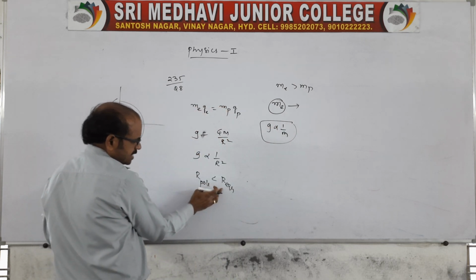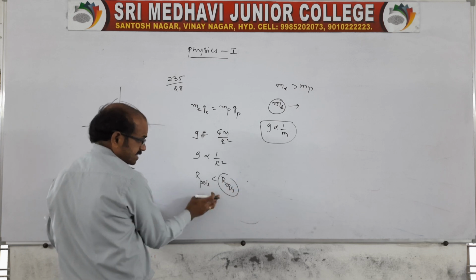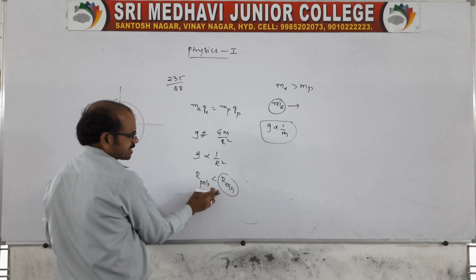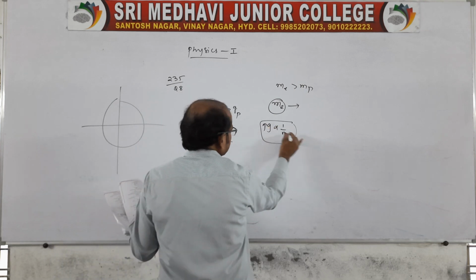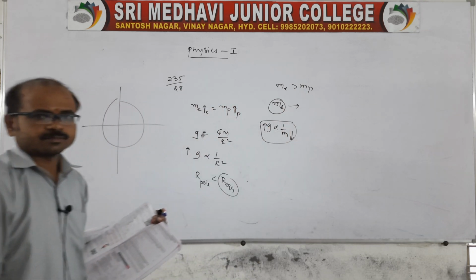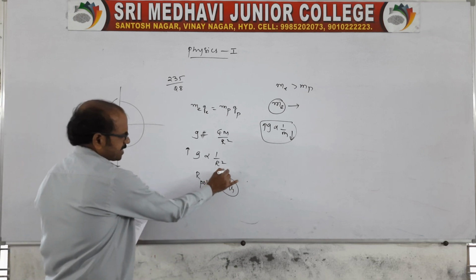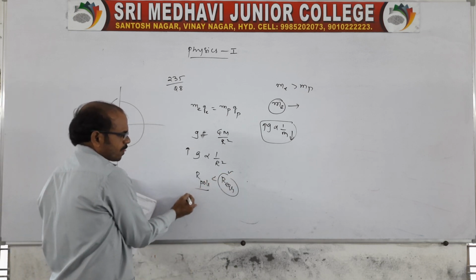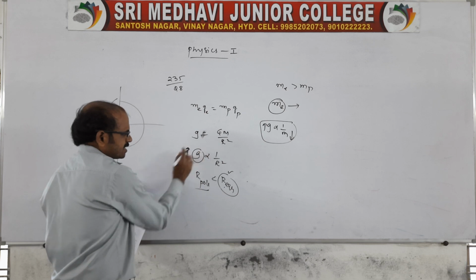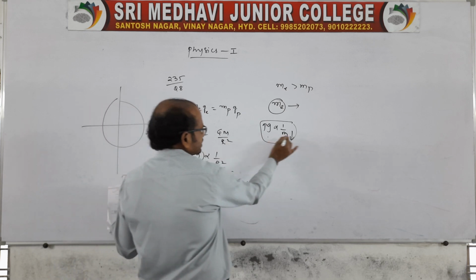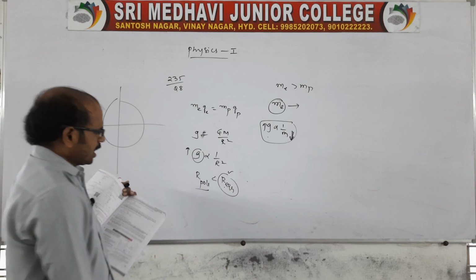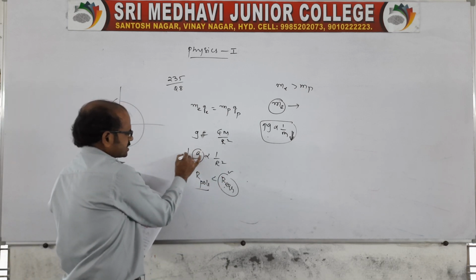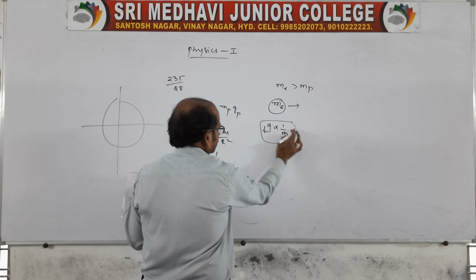Suppose at the equator R increases, g decreases. When g decreases, mass increases, because the equator radius is more than the pole radius.